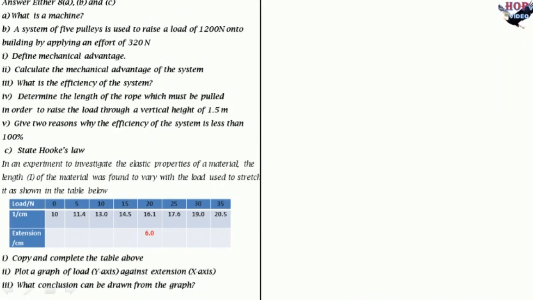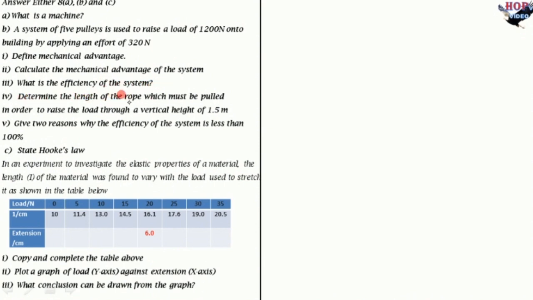Right away to question 8, A, B, and C. The first part, what is a machine? A system of 5 pulleys is used to raise a load of 1,200 Newton onto a building by applying an effort of 320 Newton. Define mechanical advantage. Calculate the mechanical advantage of the system. What is the efficiency of the system?